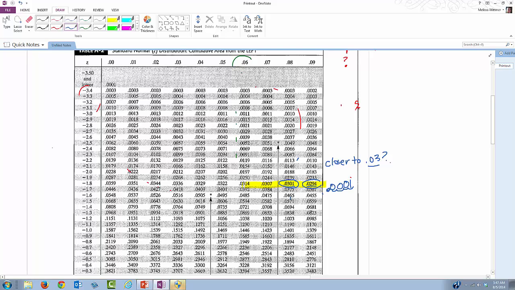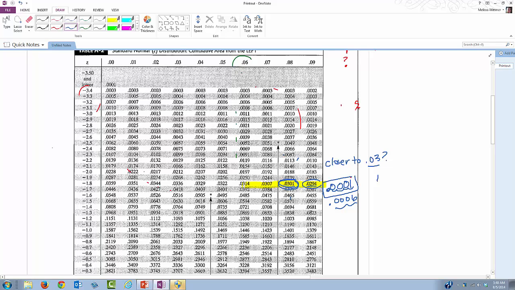So do 0.03 minus 0.0294 to find that distance. Okay, so this gives me this. So which one's closer? The one that has the smallest value. So 0.0001 is smaller than 0.0006. So that lets me know that the 0.0301 is closest to 0.03.